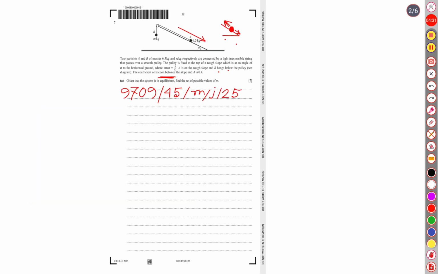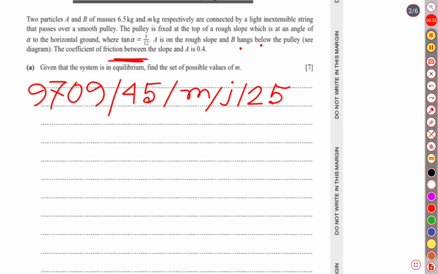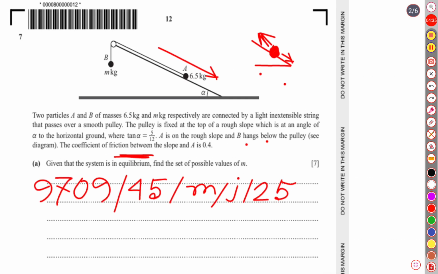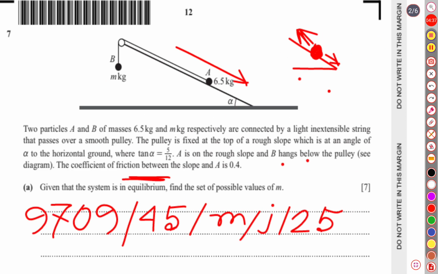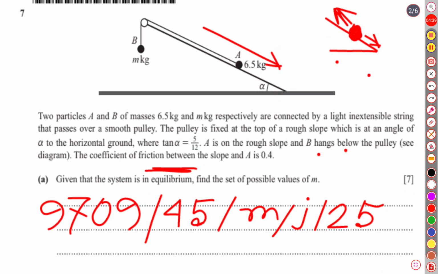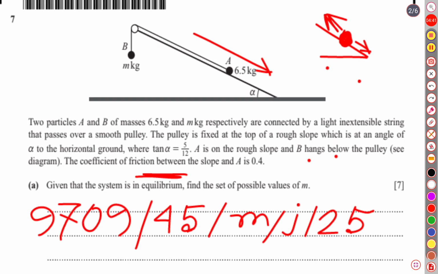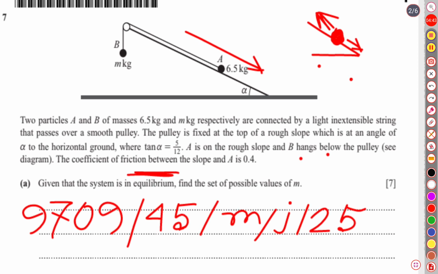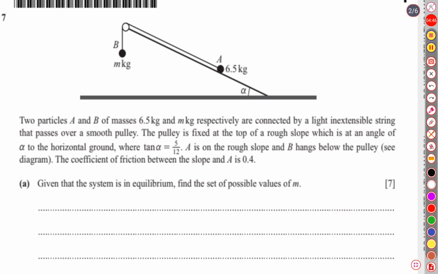So this is our question. Before we start solving this, let us collect all the supporting information. First of all, we will complete the diagram for A, because B is not to be considered here.